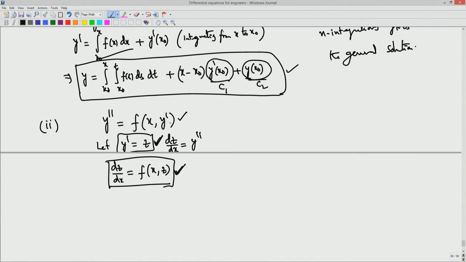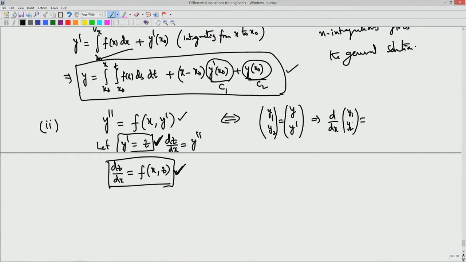So, I can convert this into a system that is equivalent to this second order equation. You write y1 as y, y2 equal to y dash. Okay. I am trying to put this in vector form, a vector with y and y dash. Then what happens to d dx of this vector y1 and y2?